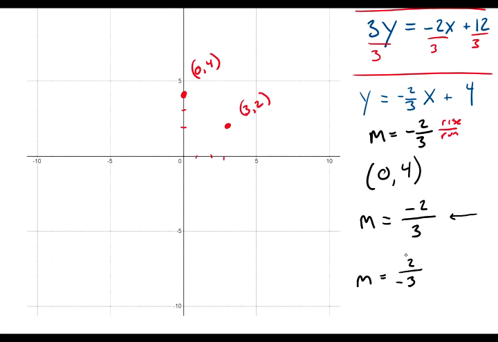Or if we would have used this one instead, the positive 2 over negative 3, positive 2 means up 2 units, 1, 2. And then negative 3 means 3 units to the left, which would give us this point right here. And you'll see it doesn't matter if we go up and left or if we go down and right.